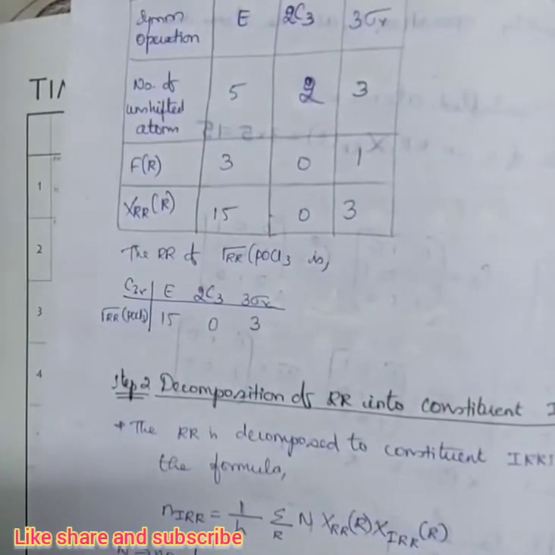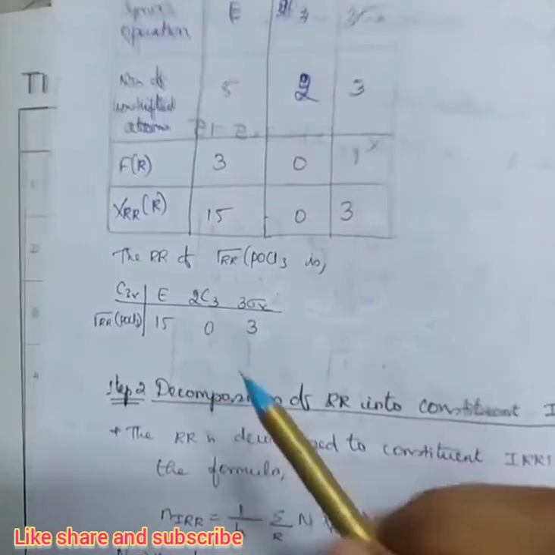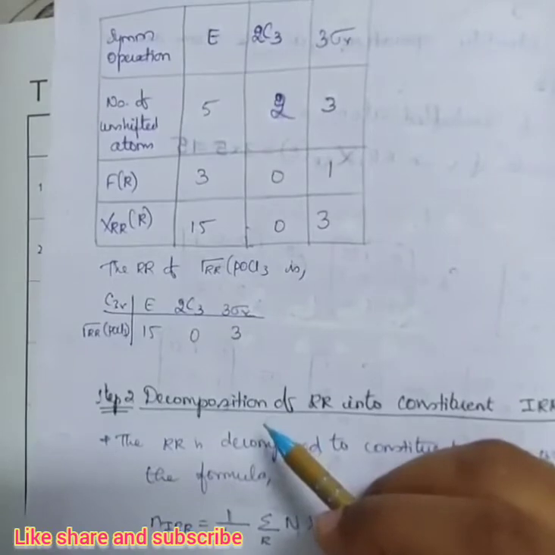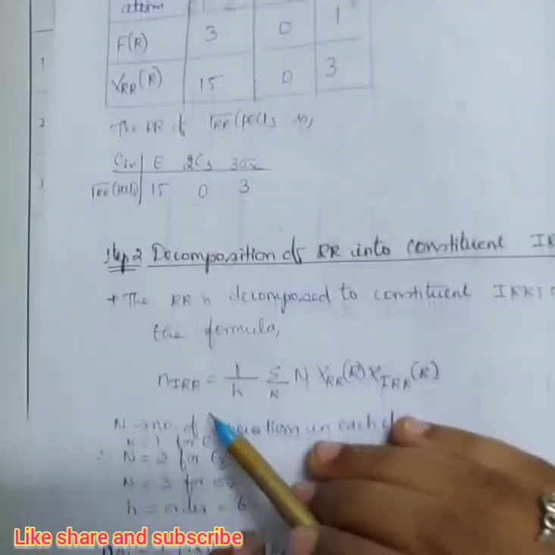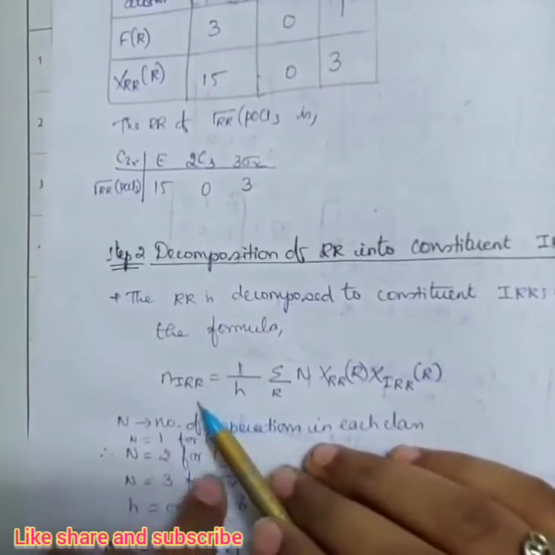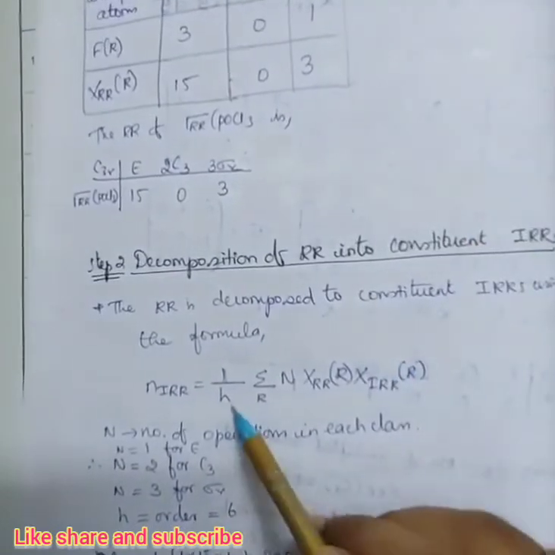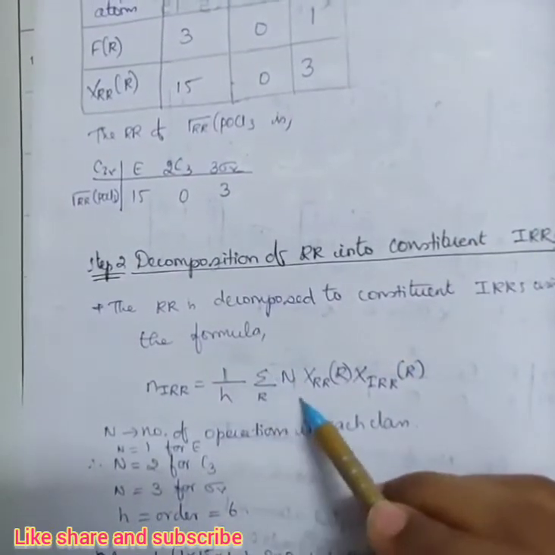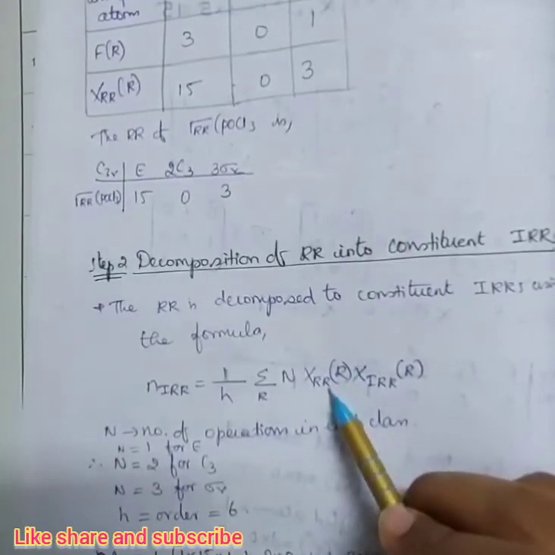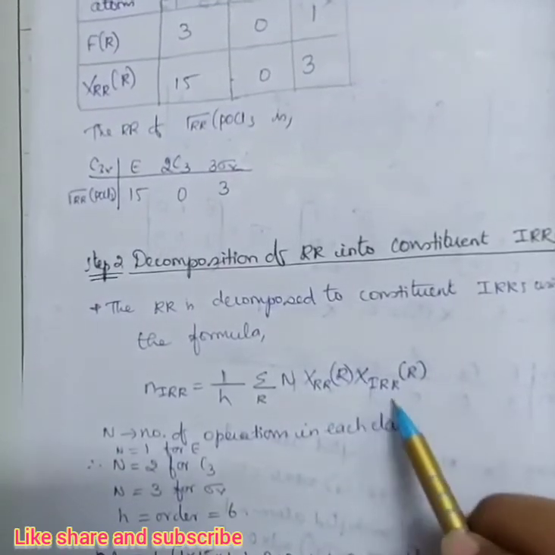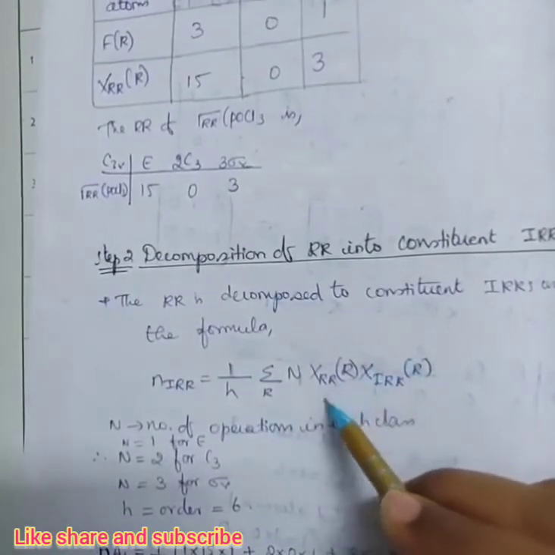Next we have to move on to step 2, that is the decomposition of this reducible representation into the irreducible representations. For that we have a formula which I have clearly explained in the previous section. The equation for the number of irreducible representations is given by the formula 1 by h sigma, that is the summation of n into the character of the reducible representation into the character of the irreducible representation. n is the number of operations in each class.